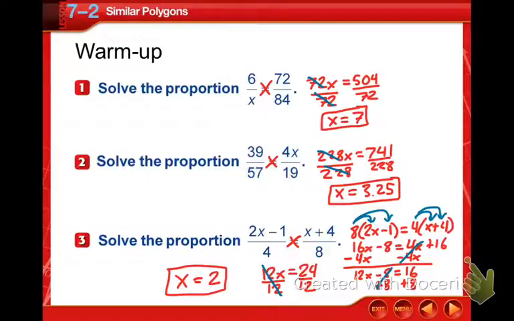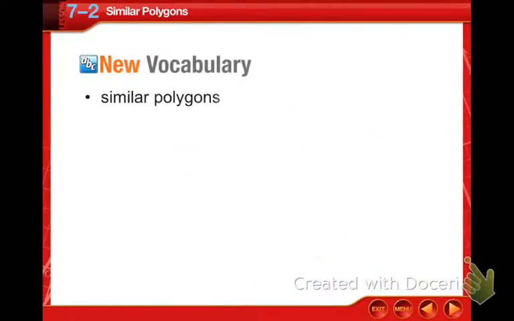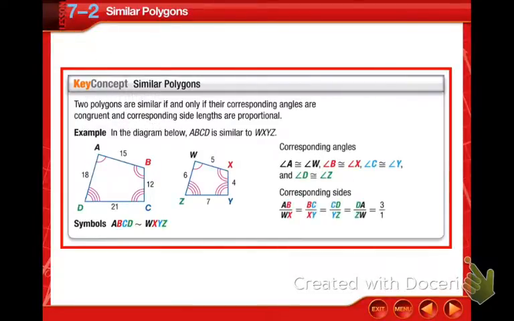Okay? So let's get into these notes. We don't have a lot to get through, but again, we have a worksheet to do after this. So vocab: similar polygons and scale factor, and that's it. Here are our similar polygons notes. I really like to focus on the first sentence there. Two polygons are similar if and only if their corresponding angles are congruent and corresponding side lengths are proportional.